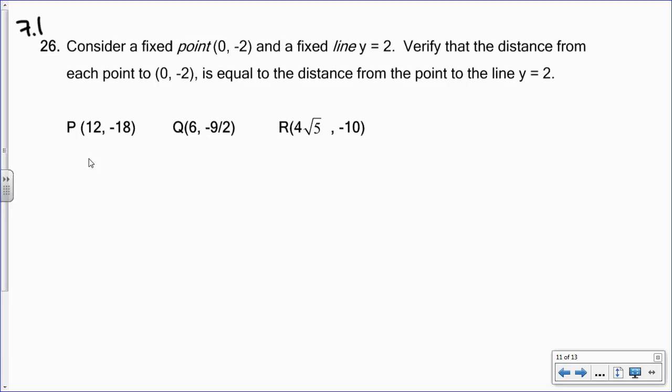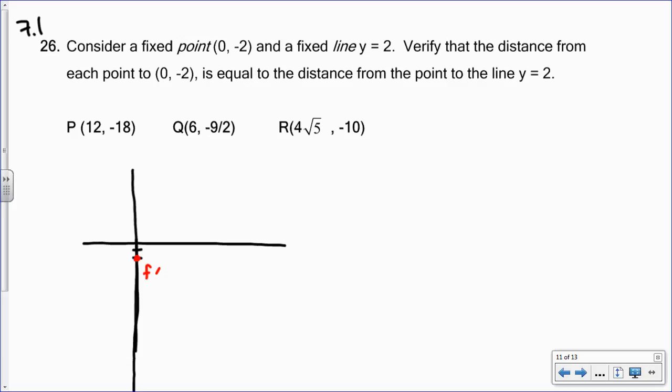So I want to sketch the graph of my fixed point, which is like the focus, and the line, which is the directrix. So I'm going to go ahead and sketch that. So the point is at 0, -2.